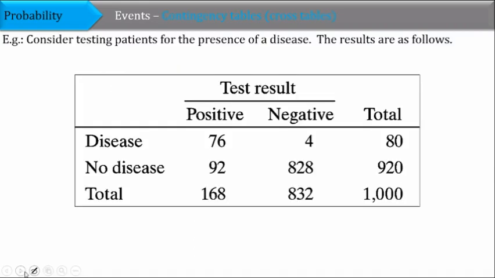Now the last one is what we call contingency tables or cross tables. Cross tables or contingency tables are not for univariate data, they are for bivariate or multivariate data. In this case, we have bivariate data on the table.